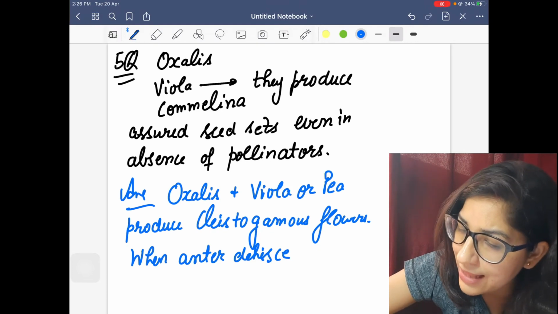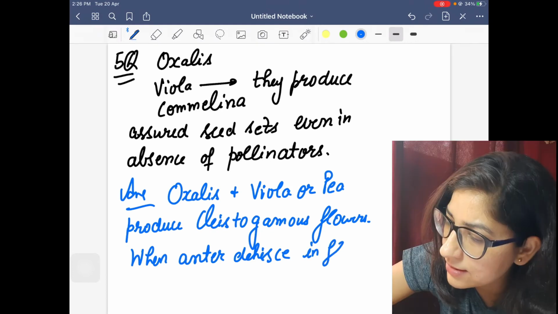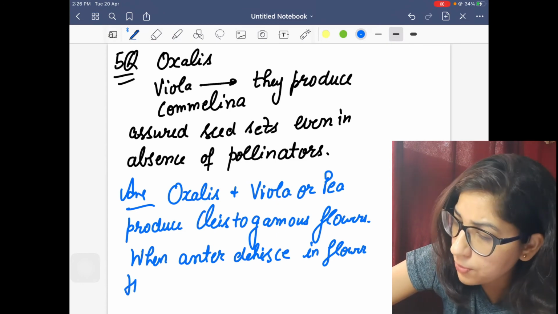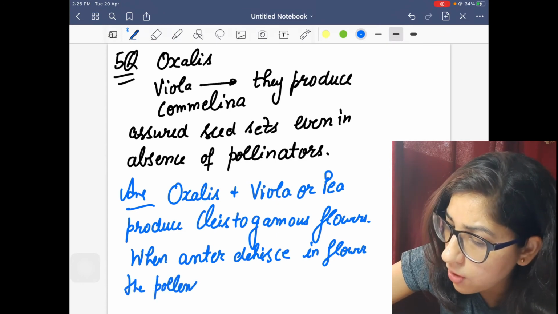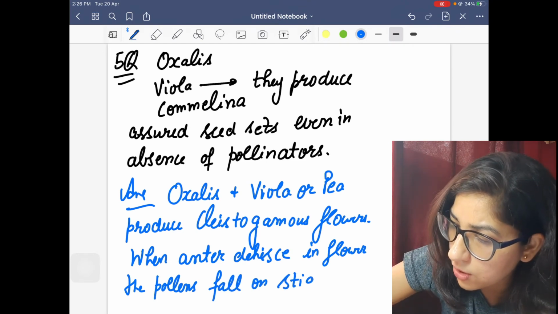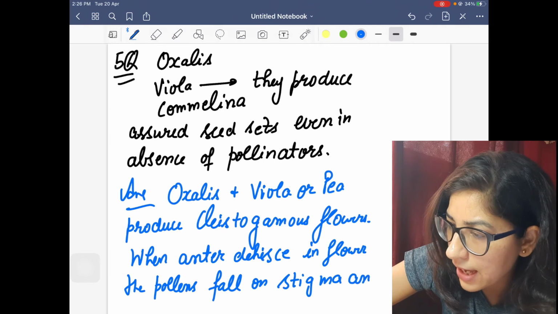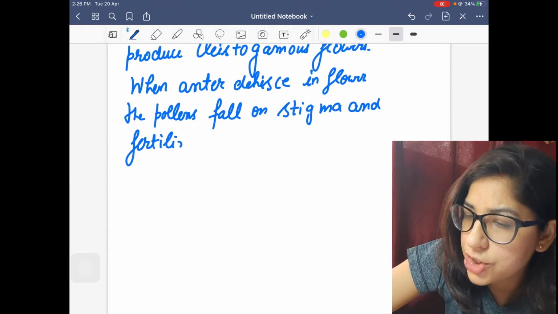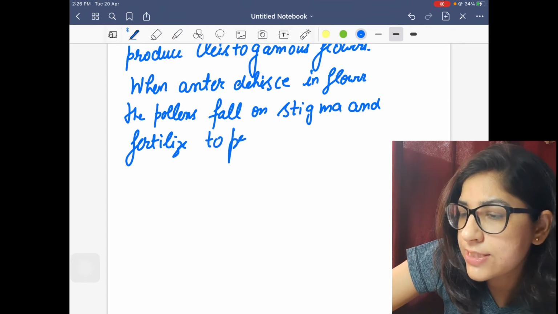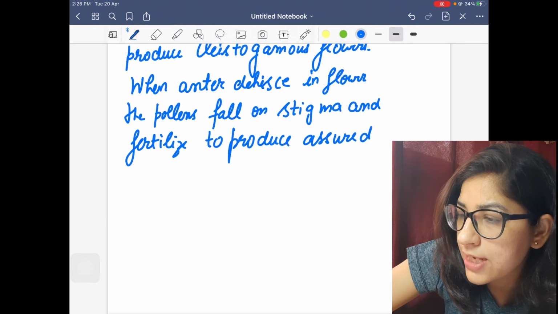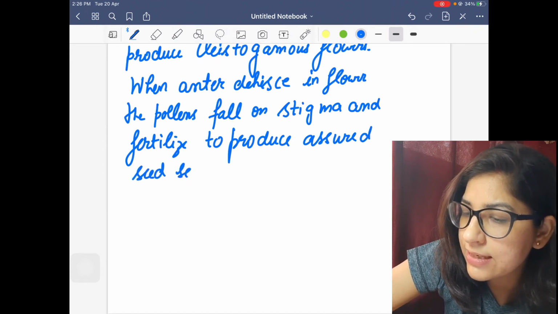So when the anther dehisces in the flower, the pollen falls on the stigma and fertilizes to produce assured seed set.